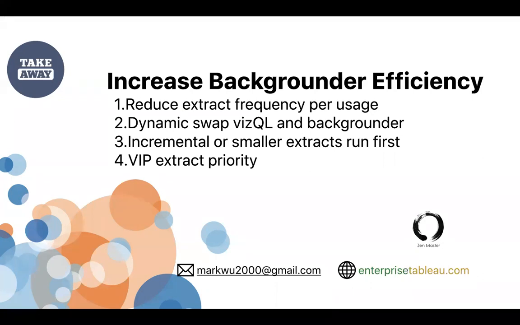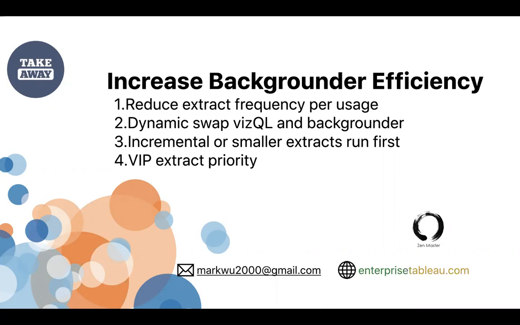The 4 things. The most significant one is number 1, likely giving you half of your background efficiency. Number 2 depends on how many more backgrounders you can give during the night. You can increase during the nighttime. If you increase from 8 to 16, again, that's double your backgrounders. Number 3 is an out-of-box feature, mainly depending on the version you have.